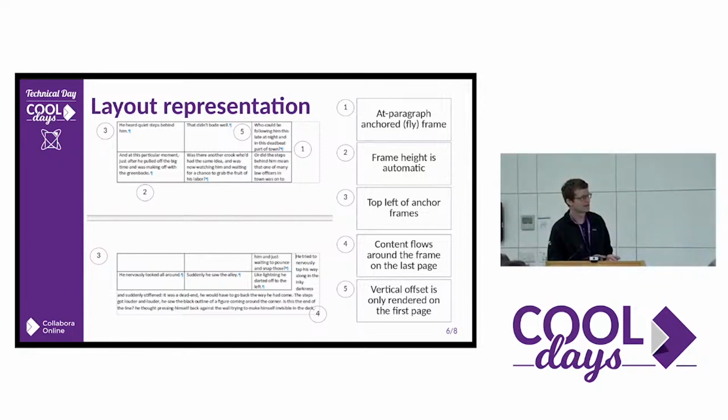Also, Word has this behavior that the actual wrapping of the content is only on the last page by default. There is some obscure compatibility flag to make it wrap on all pages. So this is the unlikely subset of the users who intentionally do this. So we default to do the same thing. We only wrap content on the last page.